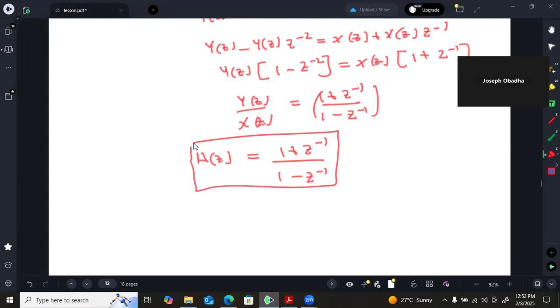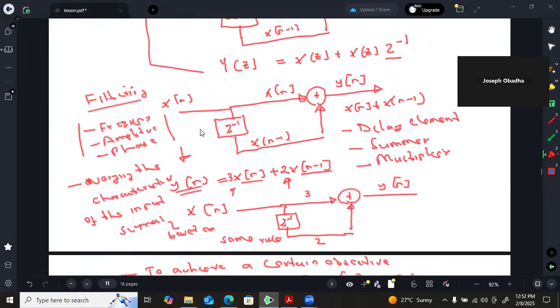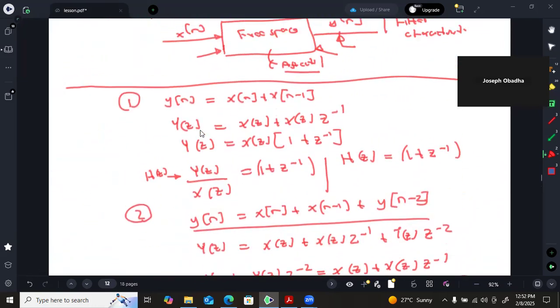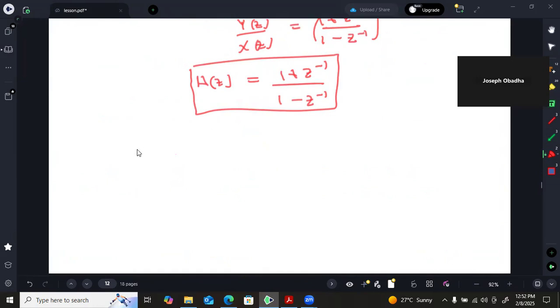Okay, so let's compare the two equations. The first one I had h of z equal to 1 plus z minus 1. Let me call it h1 of z, so that I have h2 of z equal to 1 plus z minus 1 over 1 minus z minus 2.